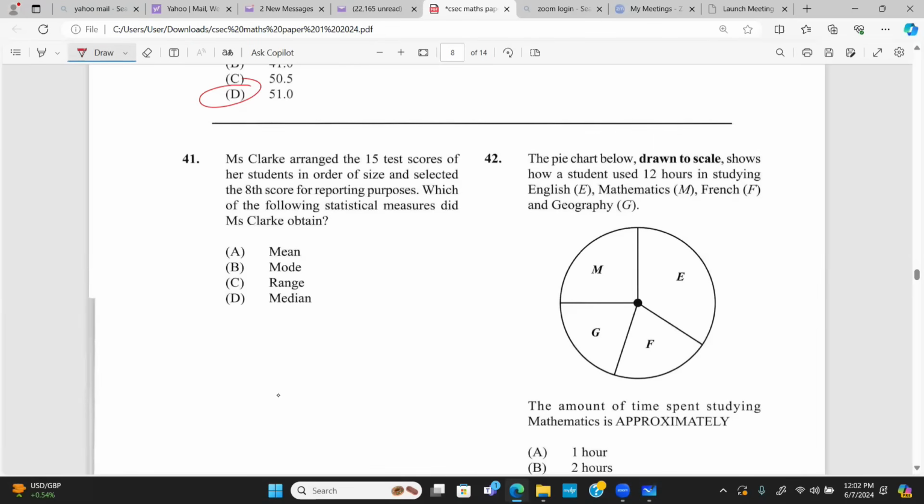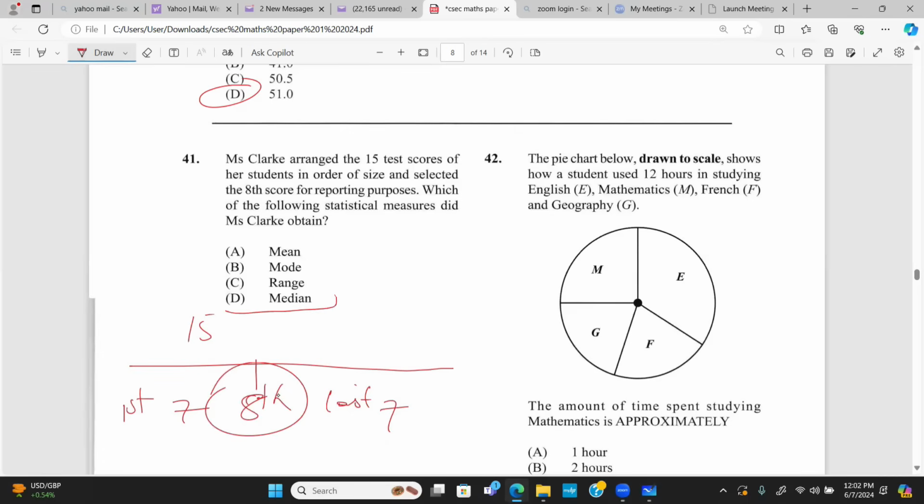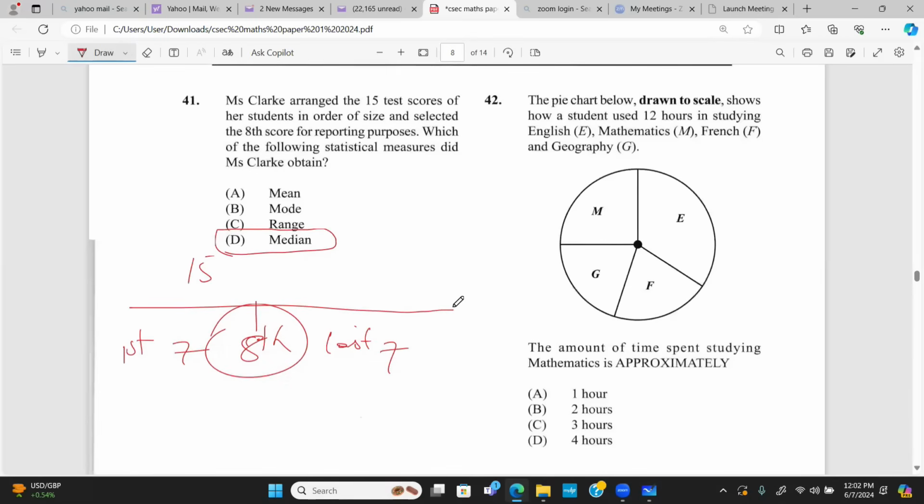Because if you have 15 things, you'll have the first 7 here, and the last 7 here, the 8th term will be your middle, it's your median. So she obtained the median, 42.